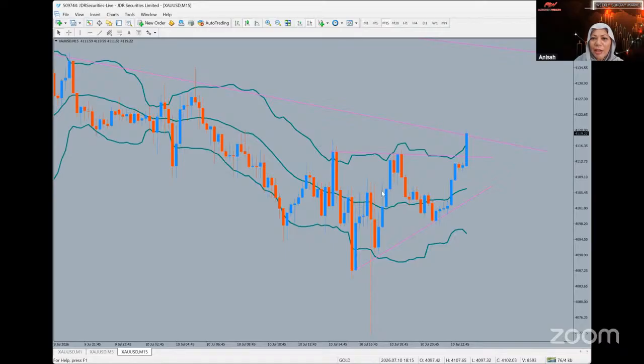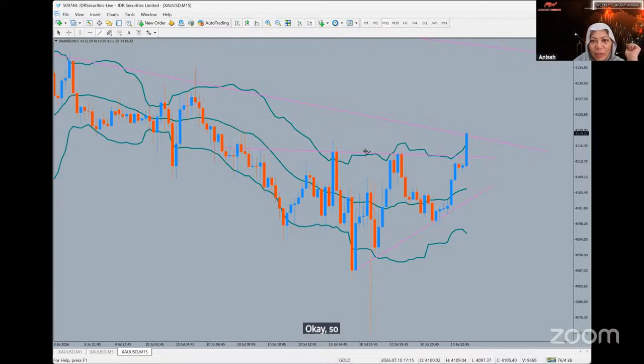Okay, so this looks like a double bottom, or actually, this is an inverted head and shoulder.